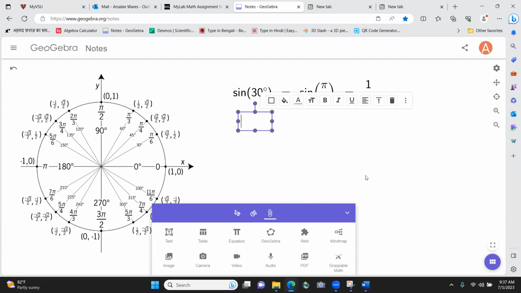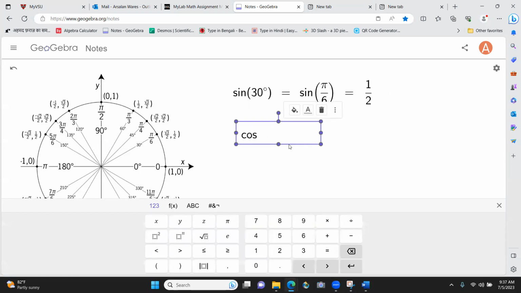So for instance, we did cosine of pi over 4, square root of 2 over 2. Let me write it down. And it comes from the unit circle.